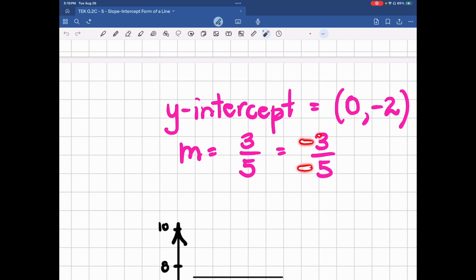So we have a negative divided by a negative, which is a positive. So this right here is also a legitimate slope. But what this means is this is our rise now, and this becomes our run. Rise over run. So instead of going up and over 3 and 5, what's going to happen is we're going to go down and back 3 and 5.